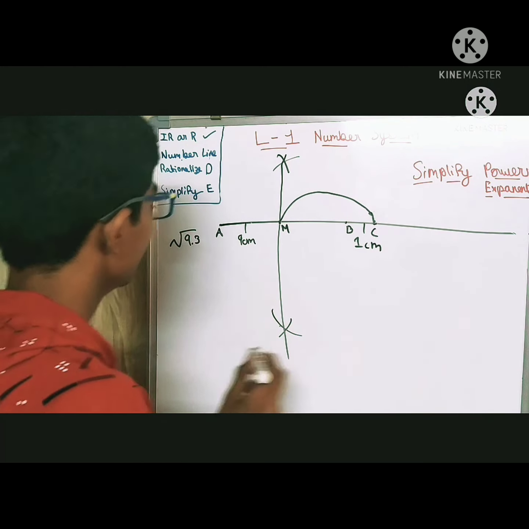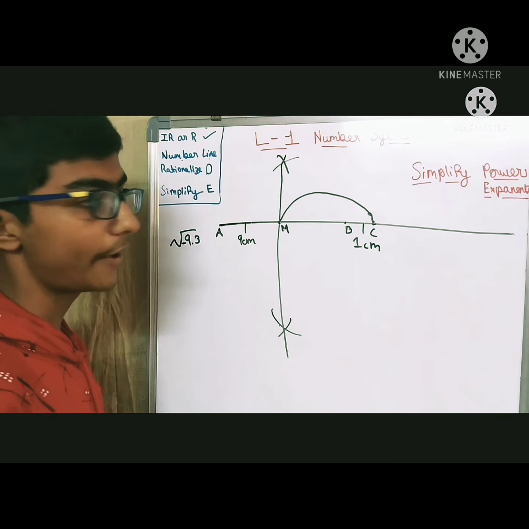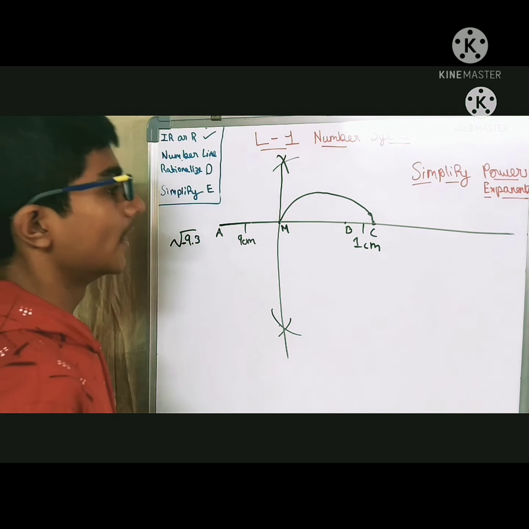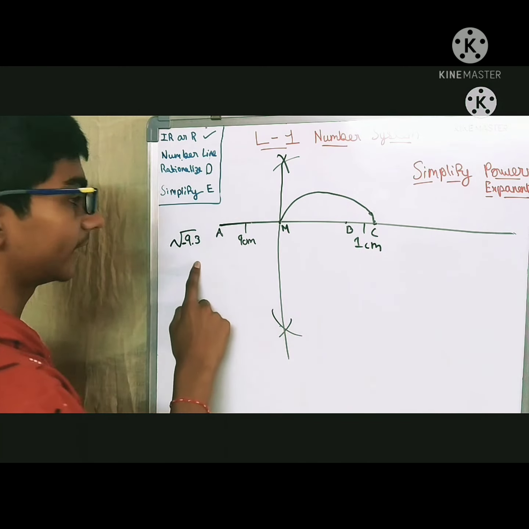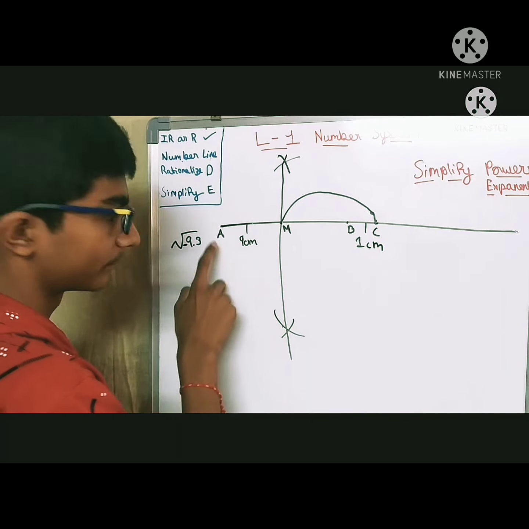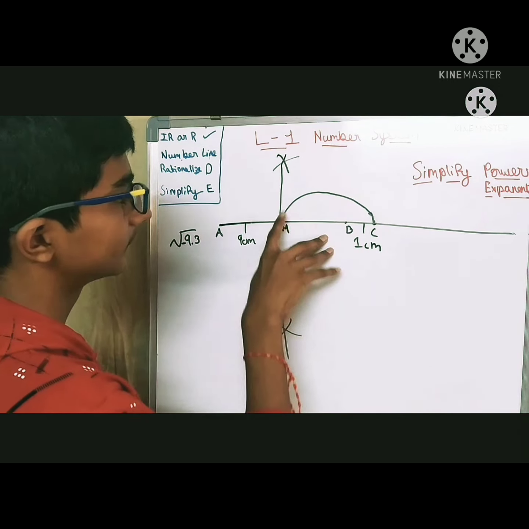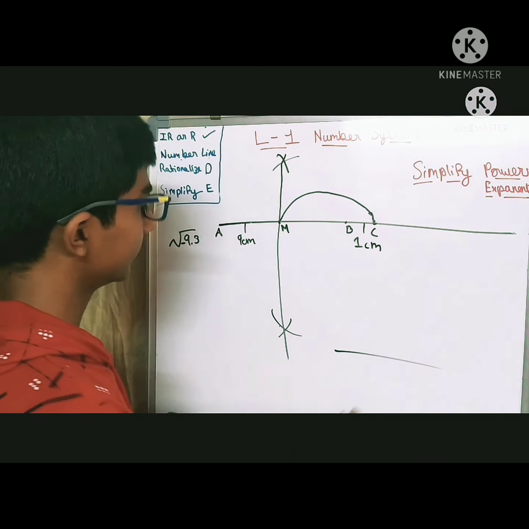Now if you have been given minus 9.3, then you have to do the same method. Just this 1 centimeter would be on this side, and this arc would be made on this side. This is a number line.